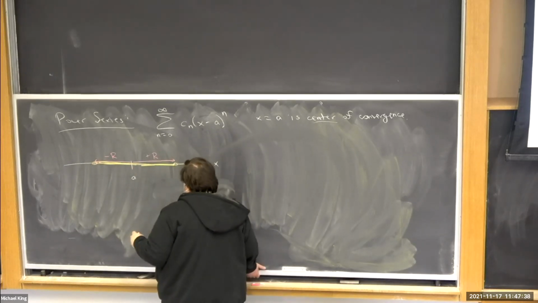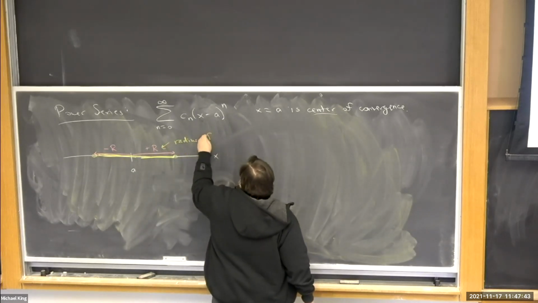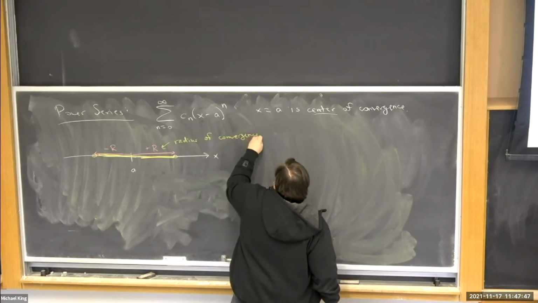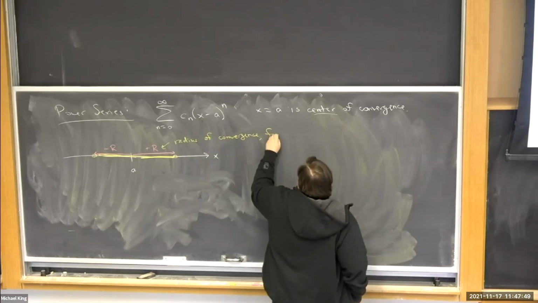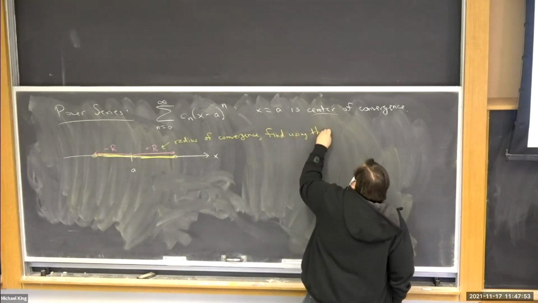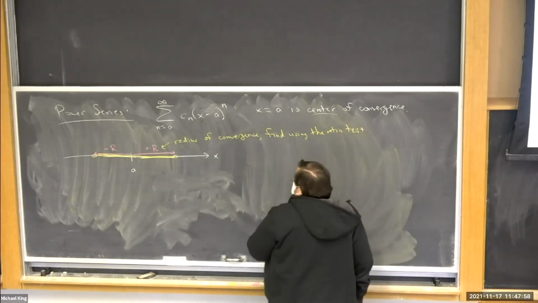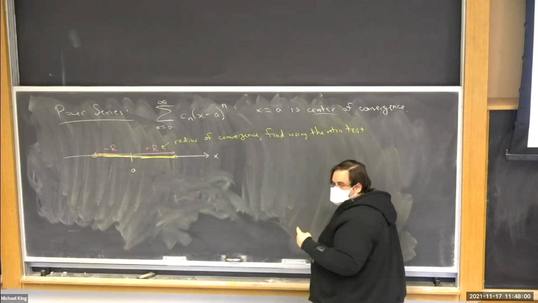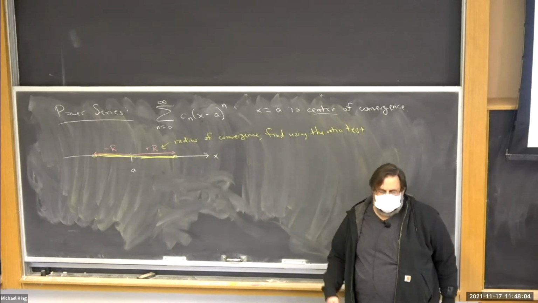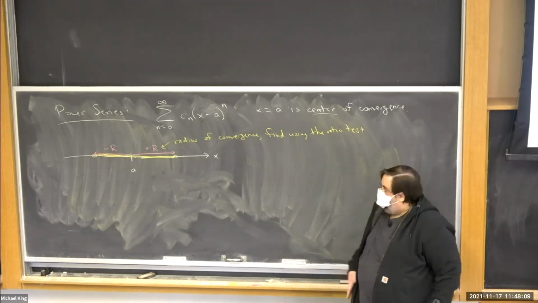So this is the radius of convergence, which, remember, we find using the ratio test. And we set the output less than 1. Remember, the ratio test spits out a value, and if that value is less than 1, then the series converges absolutely. If it's greater than 1, then the series diverges.